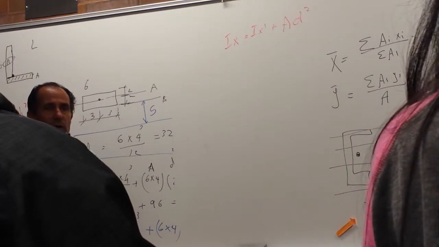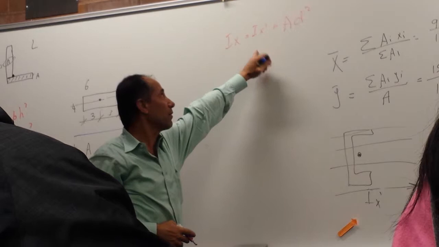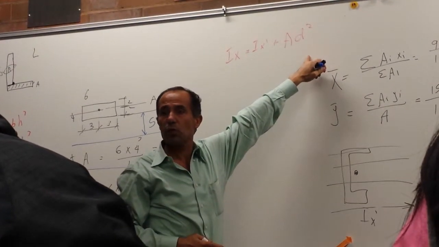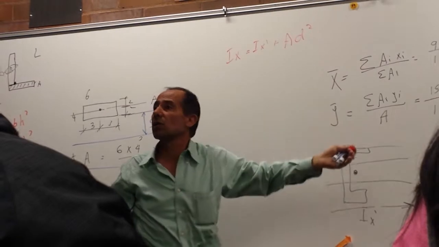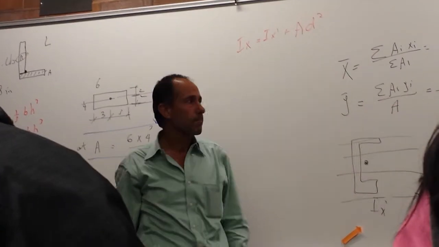That is the rule. So first I measure it at its own center of gravity, then the A d squared. So the d that we are talking about, I'm going to square it. So it doesn't matter to you if it is negative or positive.